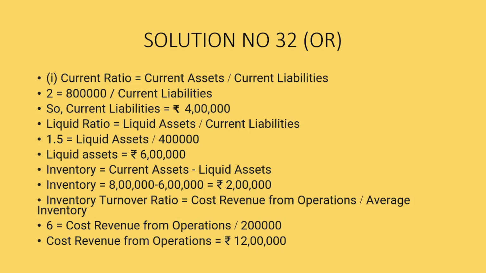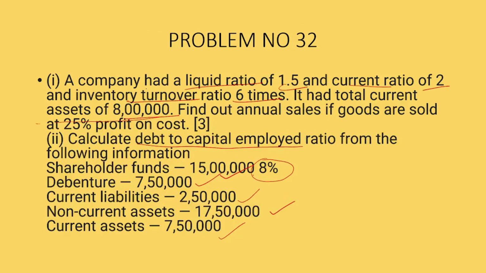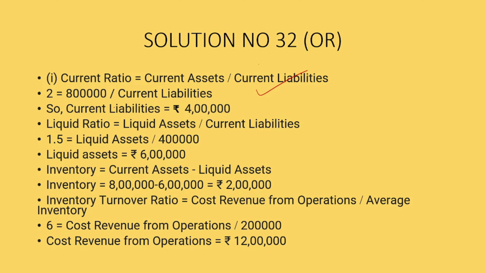So the solution to this question is: current ratio is current asset by current liability. This is already known to us. So we have current ratio as per the question 2. Therefore 2 equals 8 lakhs, which is current assets, by current liability.